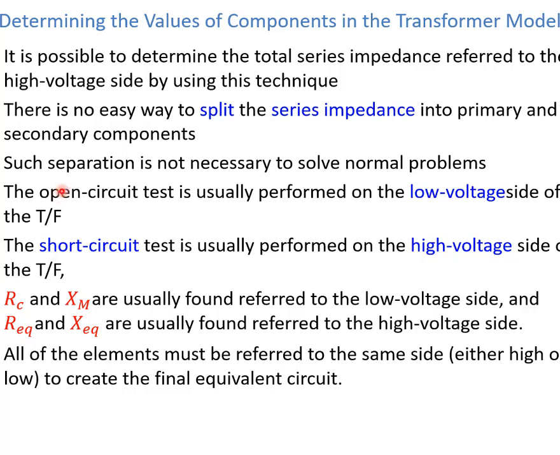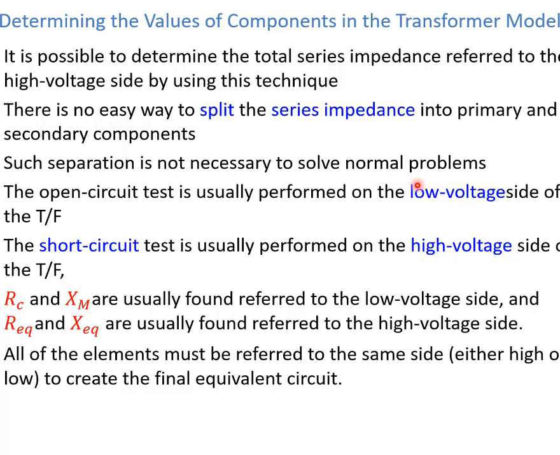Because it's easy to provide the full rated voltage there. For example, with distribution transformers which convert maybe 11 kV to 220 volts, applying 220 volts to a transformer is easy to handle, instead of applying 11 kV.